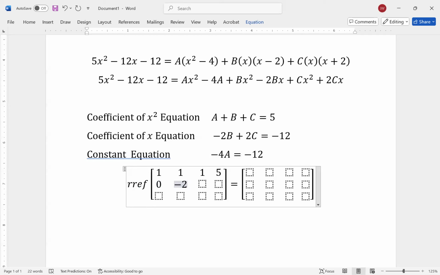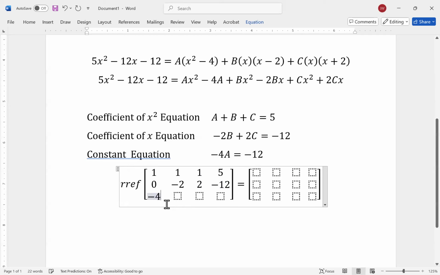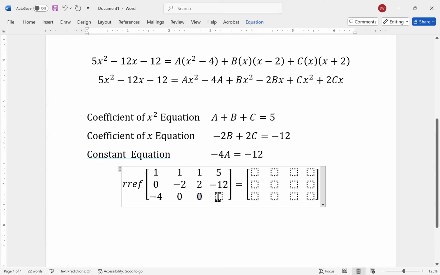Negative 2B plus a positive 2C equals negative 12. And then my last row is from the constant equation, negative 4A plus no B plus no C equals negative 12. Then I'm going to put all of that into my calculator and have my calculator put that in RREF.